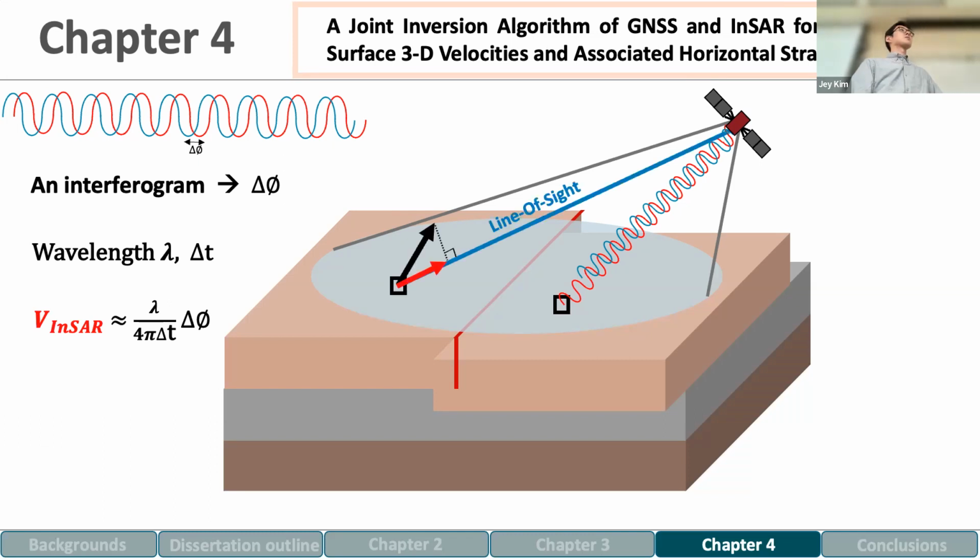But InSAR has one problem, which is that it doesn't measure all three components of displacement. It only gives you the 1D projected displacement or velocity along the line of sight direction from the satellite to the target pixel.